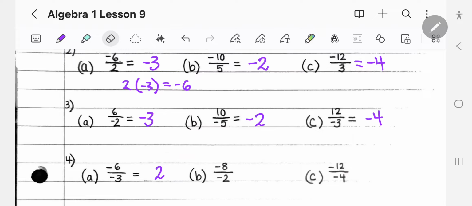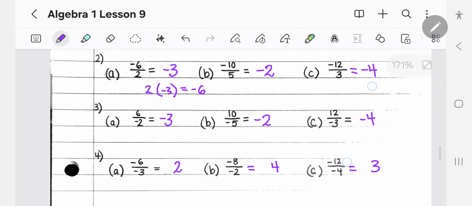So then I'm not missing a negative sign, right? Here, negative 8 divided by negative 2. 8 divided by 2 is 4, right? And a positive times a negative would give me a negative. That's 4 jumps of negative 2 to the left, and I end up at negative 8. And then in C, positive 12 divided by positive 4, their absolute values would be equal to 3, and 3 times negative 4 would give me negative 12.